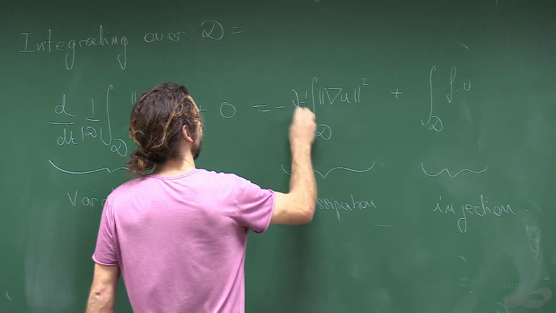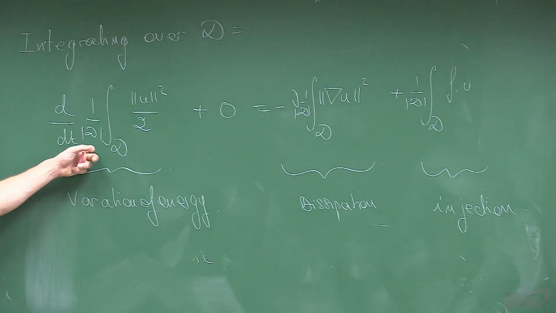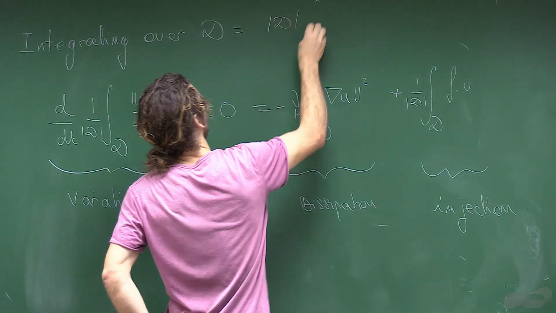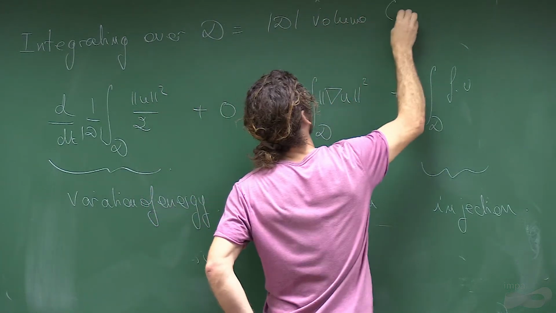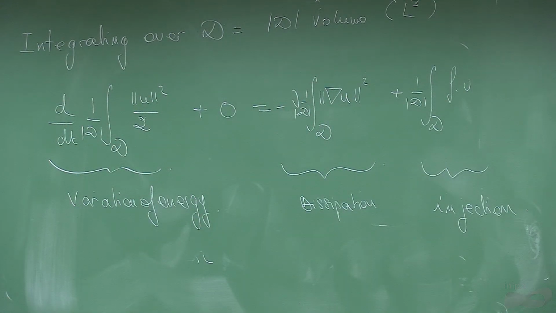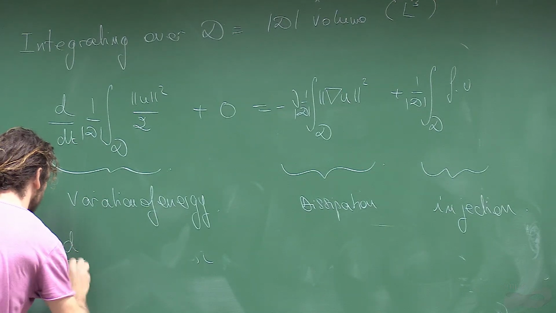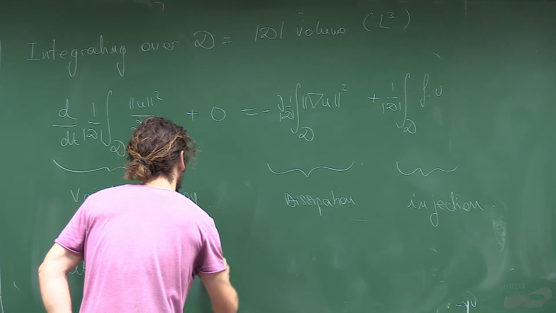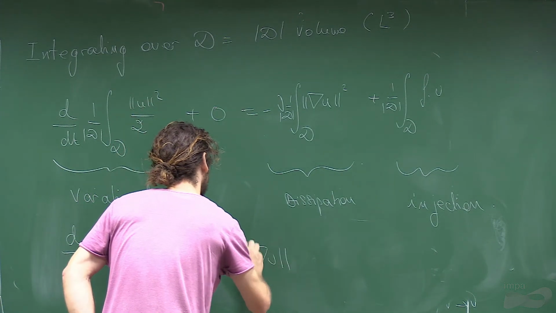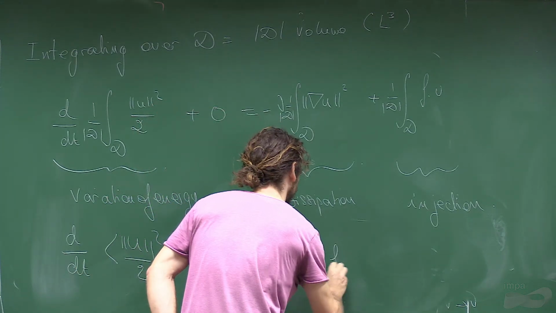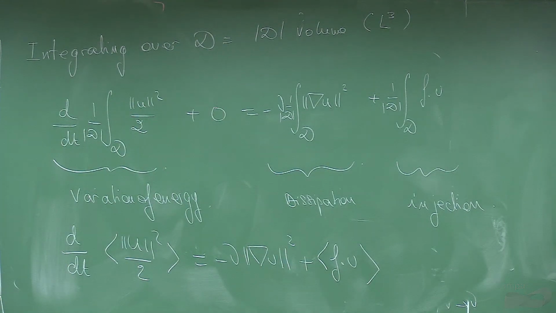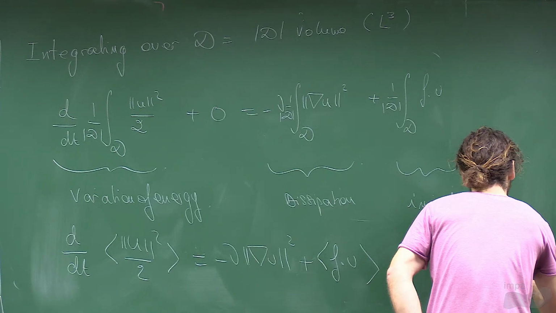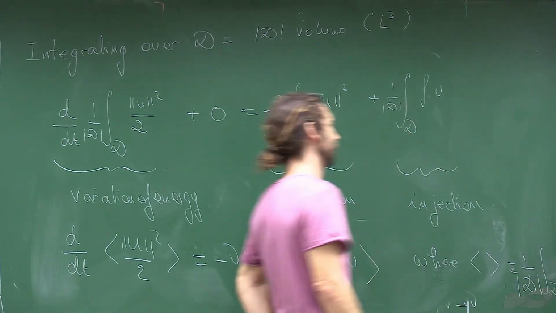I can write this budget in a more physicist way, equal to minus nu times the gradient of u squared plus f dot u, where this can be thought of as an average over the domain. So I have done nothing but rewrite it.